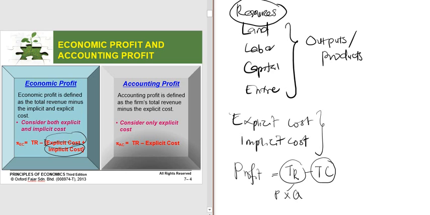But for accounting concept, for you to calculate the profit, the cost that you have to include is only explicit cost, meaning you don't include implicit cost in the calculation of profit. So that is the only difference. So usually the accounting profit will be bigger as compared to economic profit.